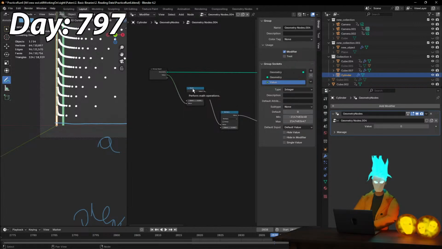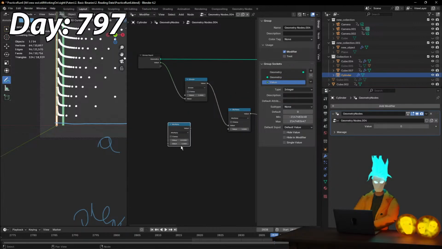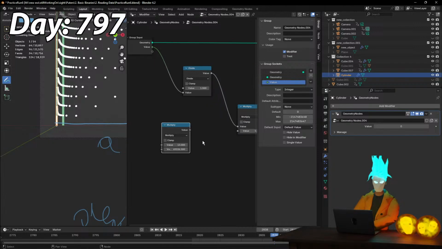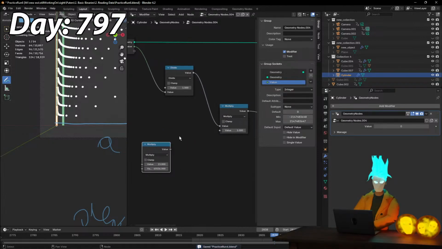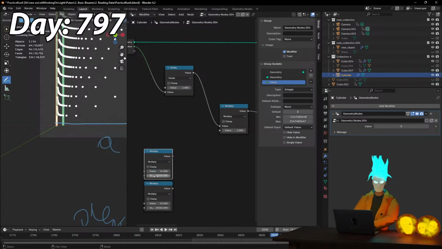The height is 13 divided by 65,536. That's the height multiplied by the index, which will be a 1. The width will be 14 divided by 500.